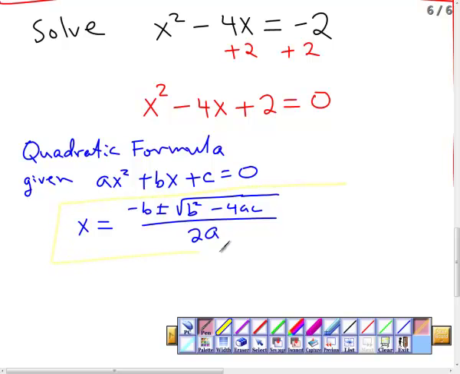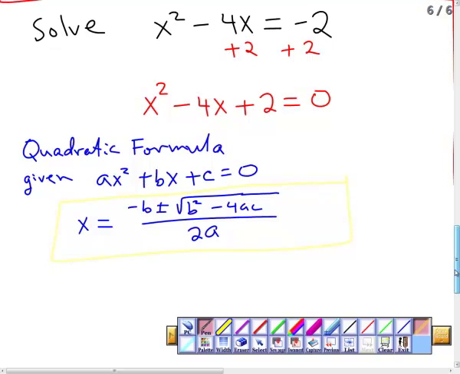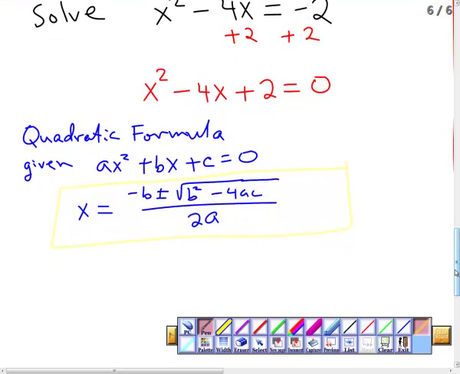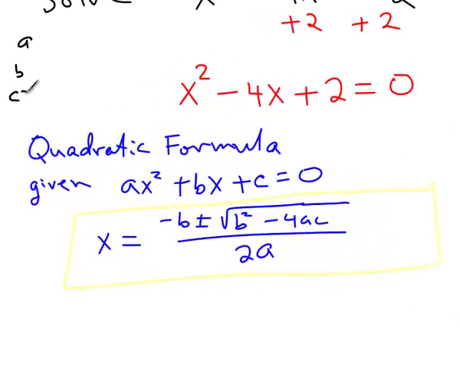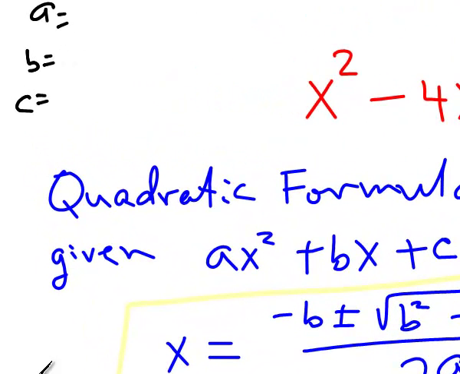So we want to remember this. This is one of the most important formulas you're going to learn in the course. Okay, so for our original problem, first we want to identify a, b, and c. That helps. And I would even write it down. A, that would be 1. How about b? What's that?